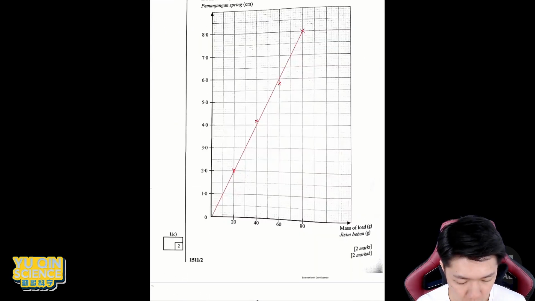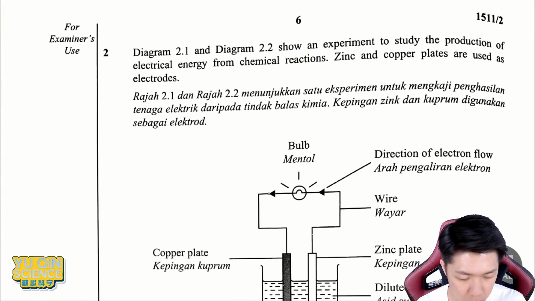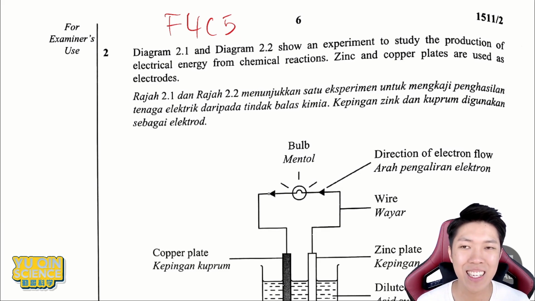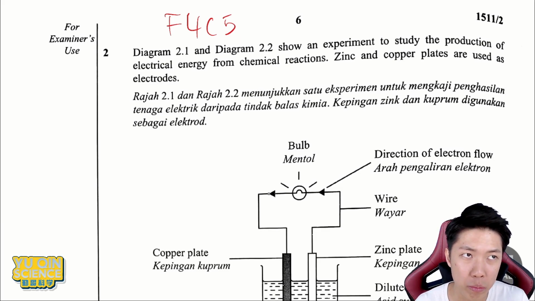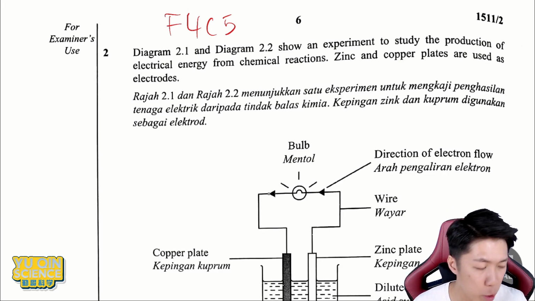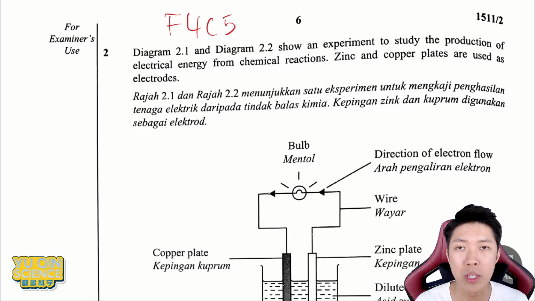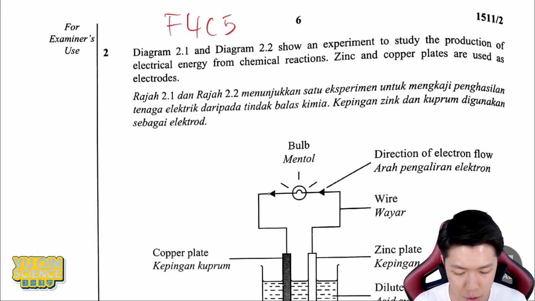Okay, cool. Next one, ladies and gentlemen, question number 2. This will definitely be your Form 4 Chapter 5: chemical cells. We use an electrolysis process to make a battery; we put two different metals into acid and produce electricity. This is the last part of your Form 4 Chapter 5, which is chemical cells.